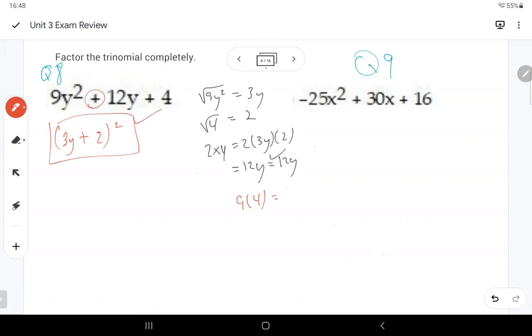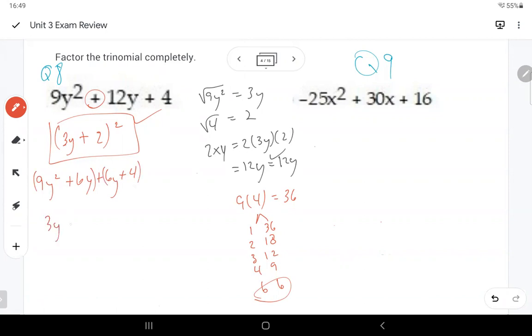So 9 times 4 gives us 36. We need factors of 36 that will add or subtract to give us 12. And that happens to be 6 and 6. So we have 9y squared plus 6y plus 6y plus 4. We're going to put into our groupings.